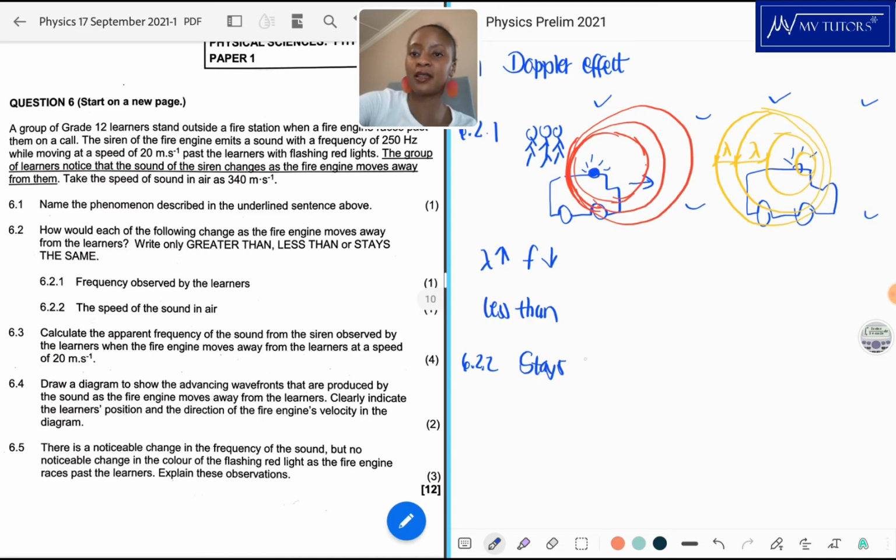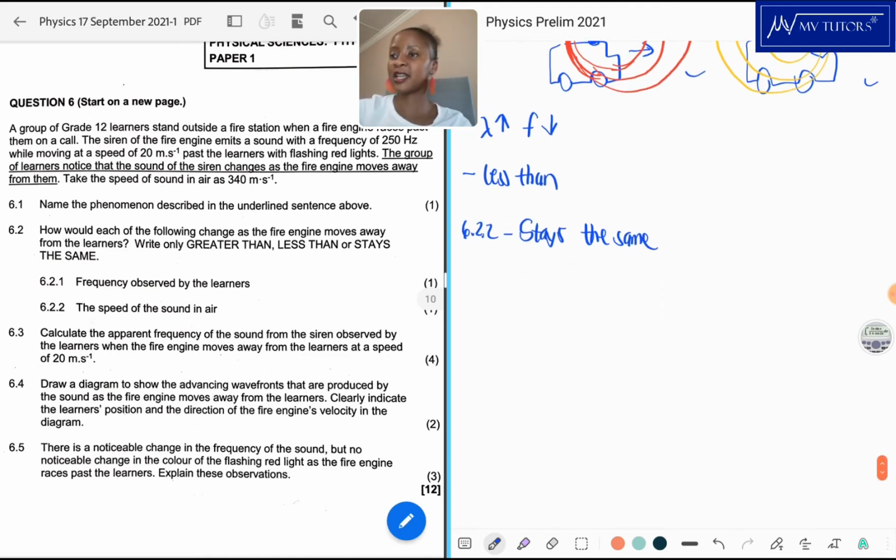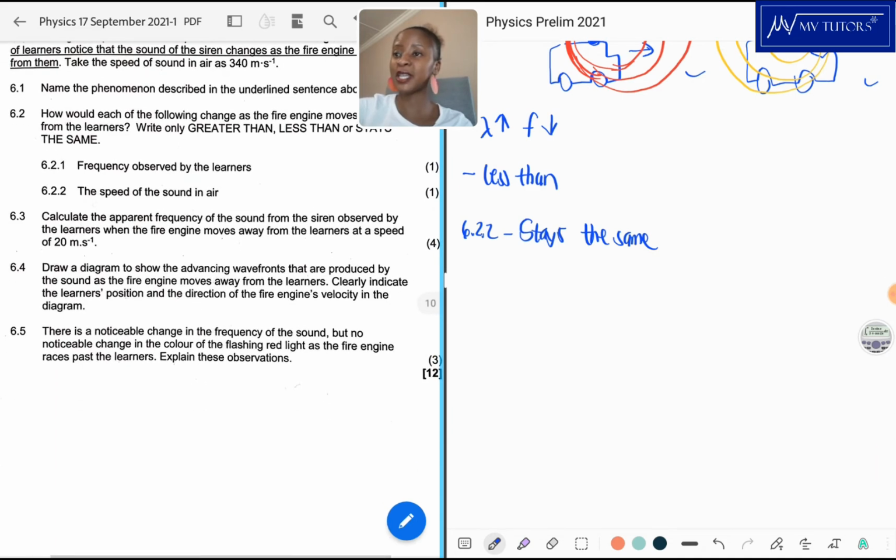Please remember to use the descriptions that they use, because they actually told you what you should be choosing from. Now it says, calculate the apparent frequency of the sound from the siren observed by the learners when the fire engine moves away from the learners at a speed of 20 meters per second.